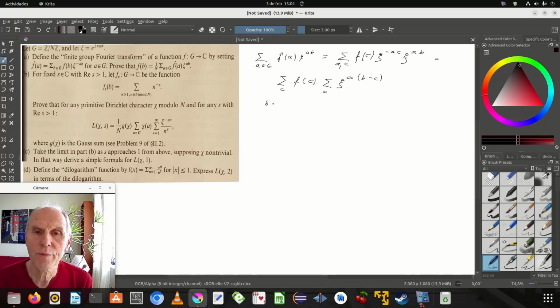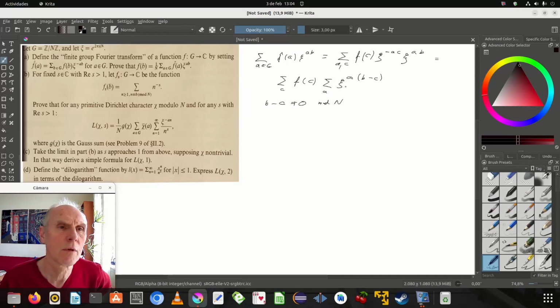And if b minus c is distinct from naught, then the sum vanishes. This is modulo n, of course. But we only sum among the residue classes, so that doesn't really matter.